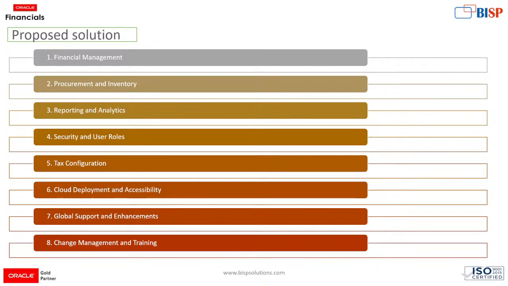Now moving to tax configuration. Setting up tax rules, tax rates and jurisdictions as per your specific business needs can be a complex and time consuming task. However, with the Oracle Fusion Tax Management module, compliance can be simplified. This module offers a range of features that can help you efficiently manage your tax related tasks such as configuring tax rules, calculating tax rates and managing tax jurisdictions.